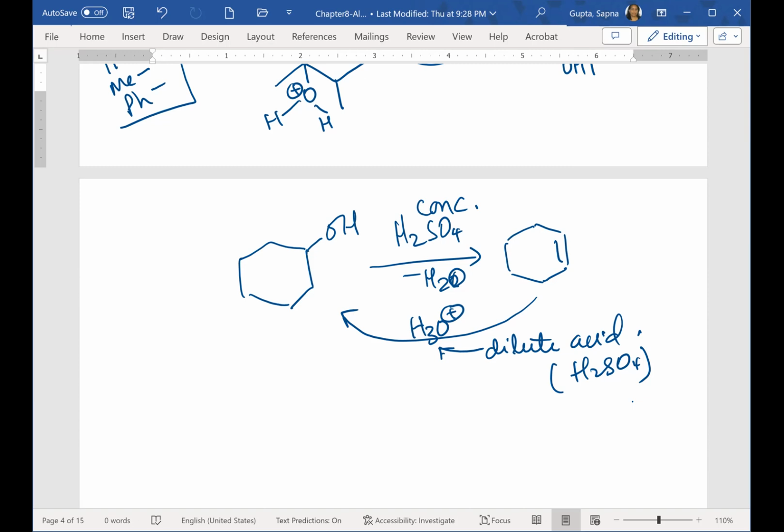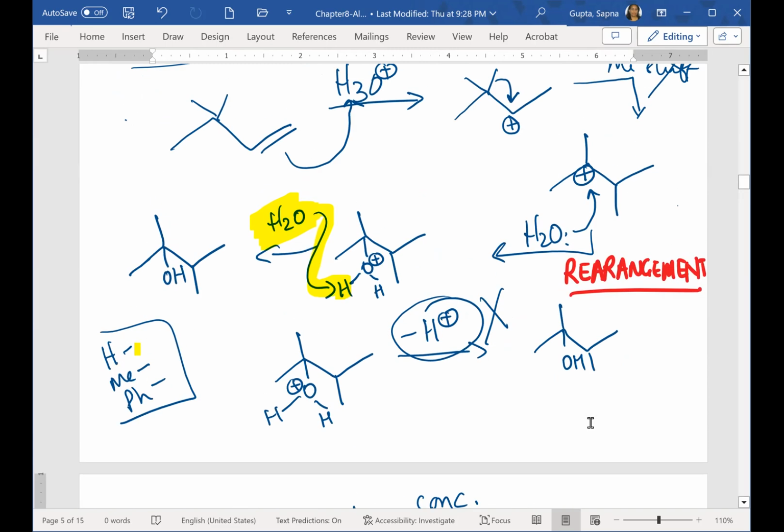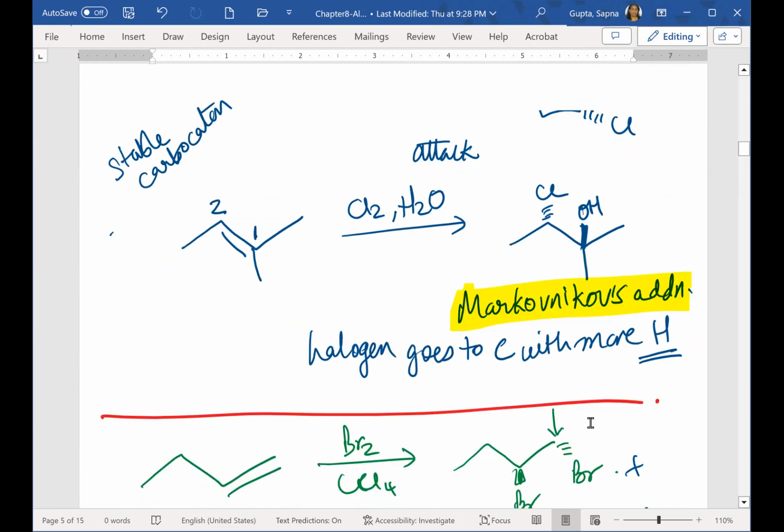If we don't write anything in front of H2SO4, it automatically means that it is concentrated. If we write H3O plus, generally that will stand for dilute H2SO4. It will not stand for HCl. And let me tell you why, because HCl is also an acid.